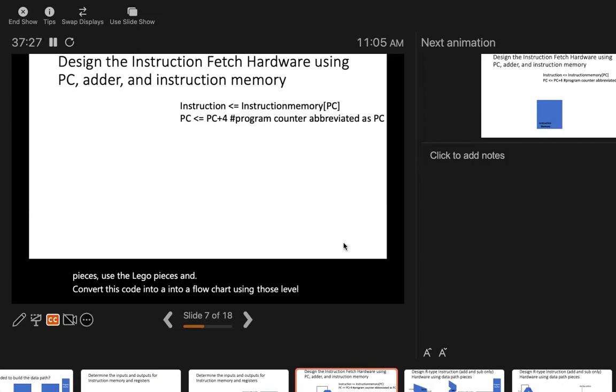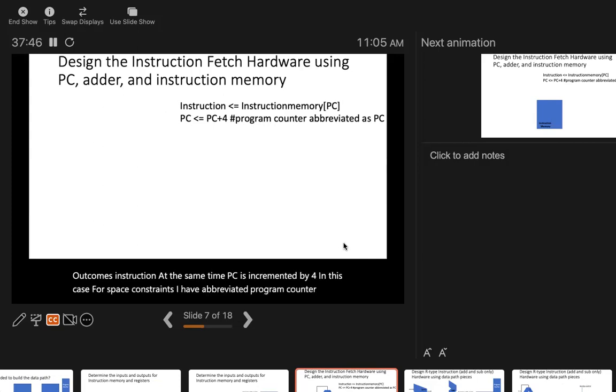What it should be able to do is look up the instruction memory using the program counter. Out comes the instruction. At the same time, PC is incremented by 4. In this case, for space constraints, I have abbreviated program counter as PC. So PC acts like a program counter.